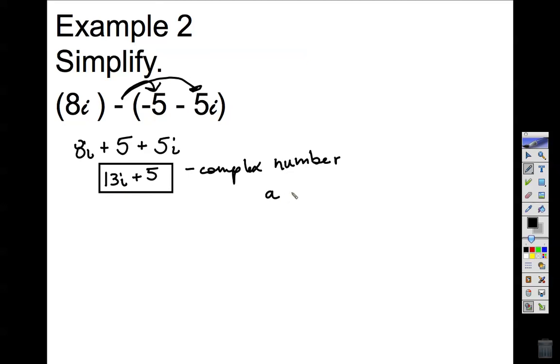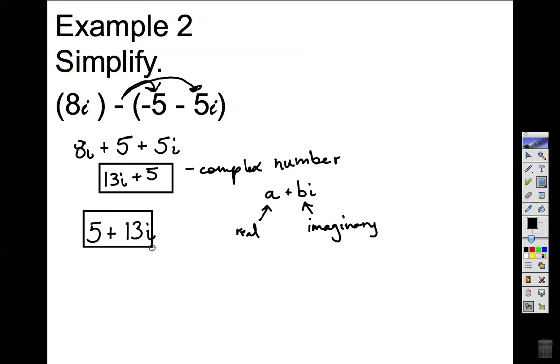Usually it is in the form a plus bi, which means a is the real part, and b, in this case, is the imaginary part. Like I said, there's nothing wrong with showing this as the final answer, but you're going to see a lot of books with a lot of final answers in this form.